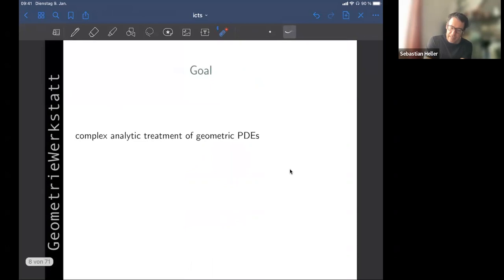So the goal of my talk is to explain how similar things can be done in the case of compact Riemann surfaces of higher genus, or likewise, you could also generalize to Riemann surfaces with punctures, where you study parabolic structures instead.